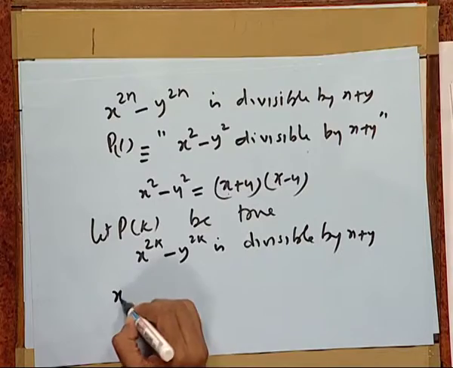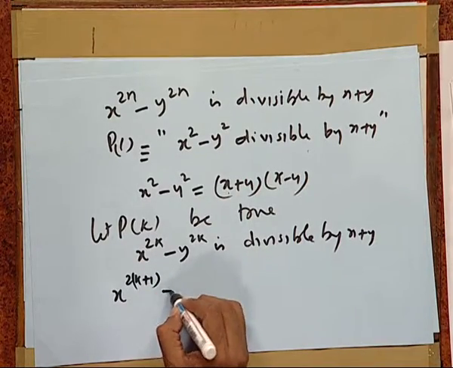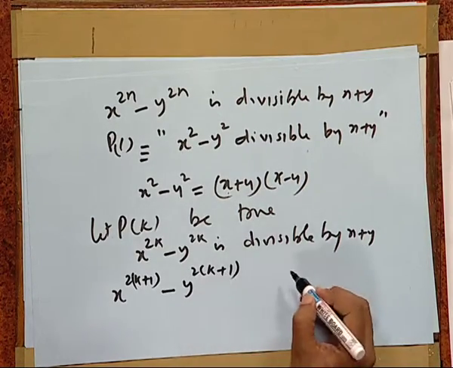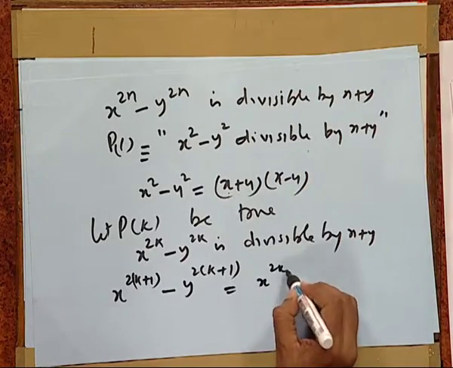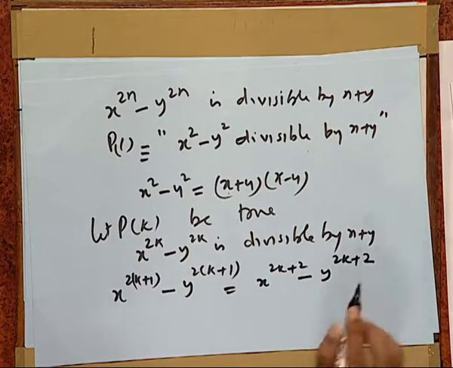For Pk plus 1, consider x to the 2k plus 1 minus y to the 2k plus 1. This equals x to the 2k plus 2 minus y to the 2k plus 2.